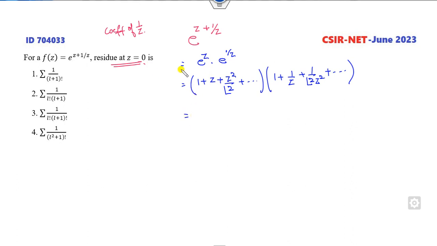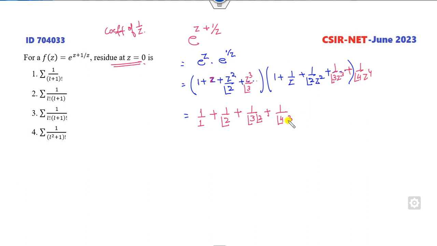Now look at the coefficient of 1 by z. The first term comes here, and its coefficient is 1 over 1. Any other term? No. When you multiply by z, it becomes 1 over 2 factorial here. When you multiply, it comes 1 over 3 factorial z cube. So when you multiply them, it is 1 over 3 factorial times 2 factorial. When you take z cube over 3 factorial, here is 1 over 4 factorial z raised to power 4.